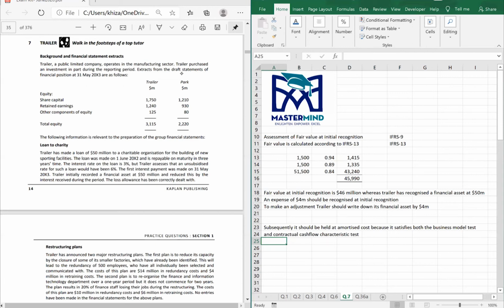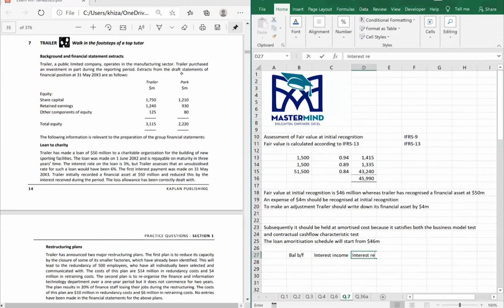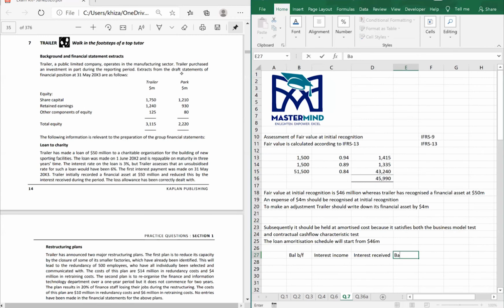Now the loan amortization schedule will start from $46 million. You can just state it, or put it out in a schedule form: interest income, interest received, and balance carried forward.